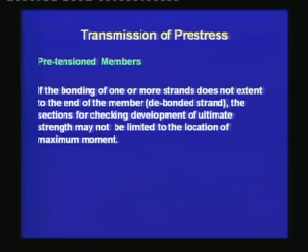If the bonding of one or more strands does not extend to the end of the member, which are called debonded strands, then the sections for checking development of ultimate strength may not be limited to the location of maximum moment. Sometimes the strands are debonded towards the end to reduce the effect of the stress concentration at the ends.